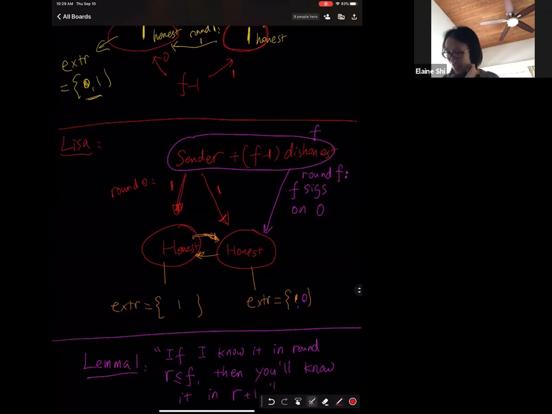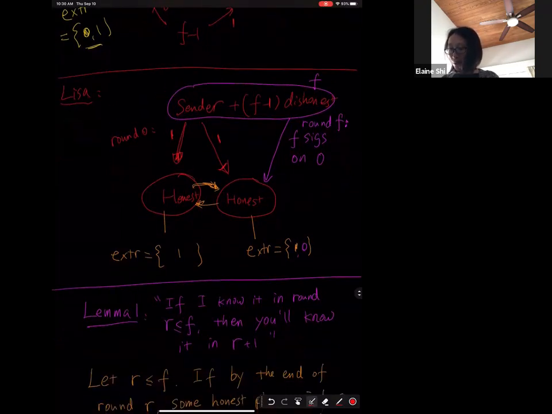So why doesn't the attack work if the protocol is run for f plus 1 rounds now and not f rounds? Because if I had tried to make the same attack work, remember, if you try to convince some people to accept 0 in the last round, you have to produce f plus 1 signatures. But how can you do that if you only have f nodes?